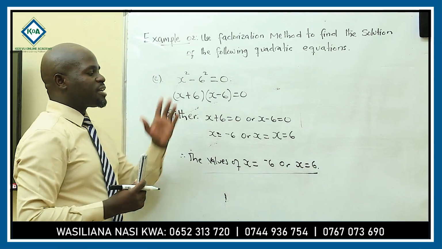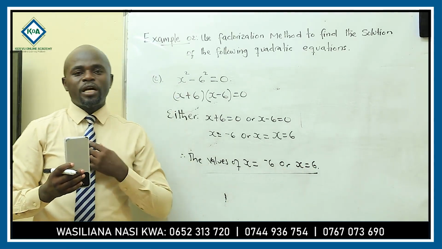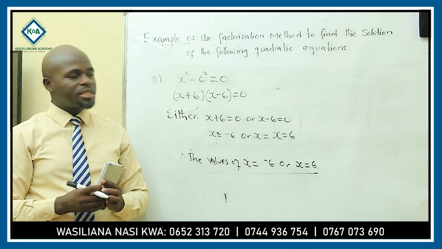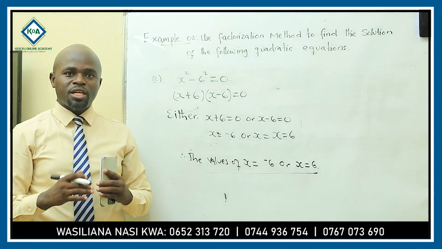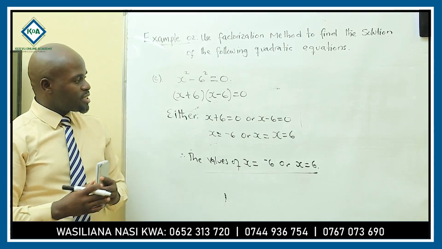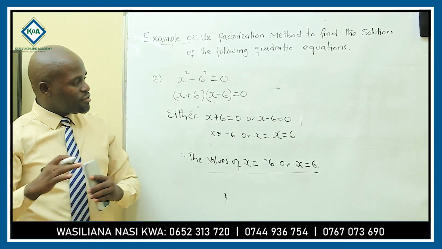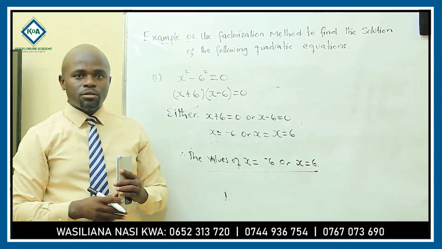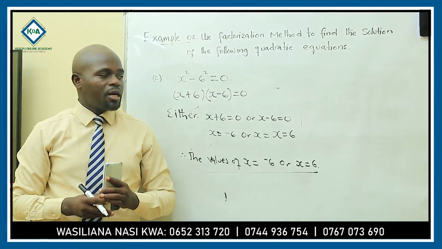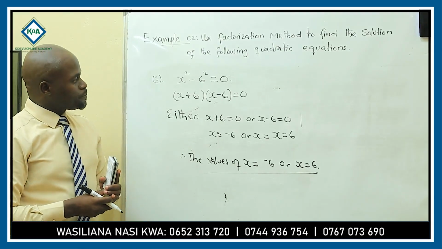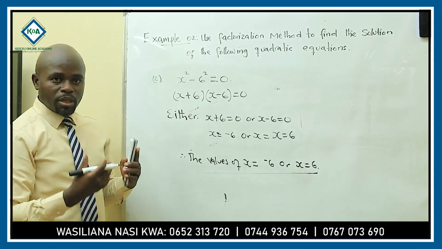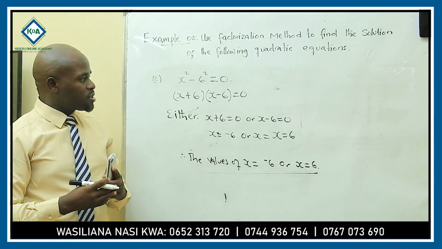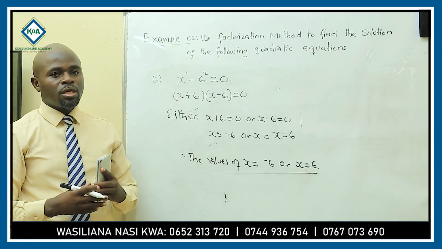Yeah, so these are different examples on how we can find the solution of quadratic equations by using factorization method. We did a lot of examples in different aspects. So then you have to go and try to do different examples by yourself, and then check with me on my WhatsApp number or direct contact, so that I can check if you are correct or not.